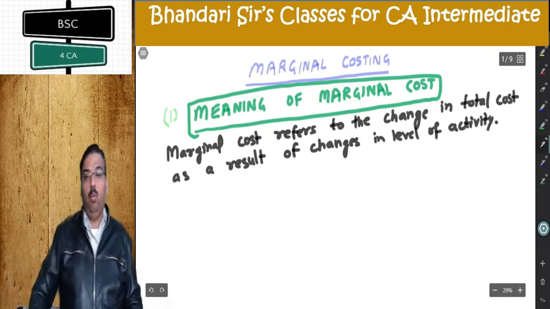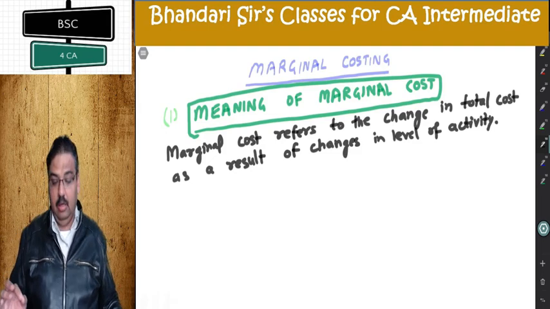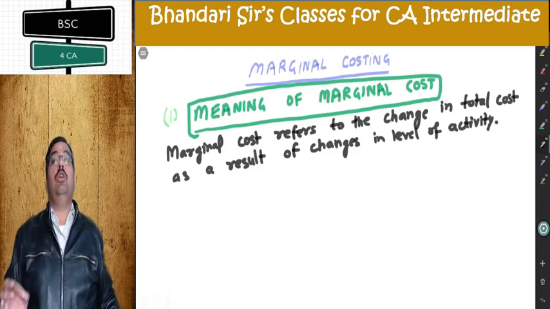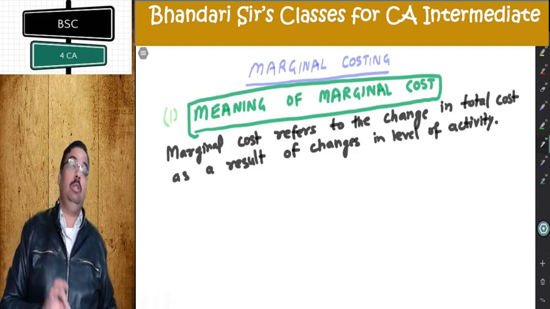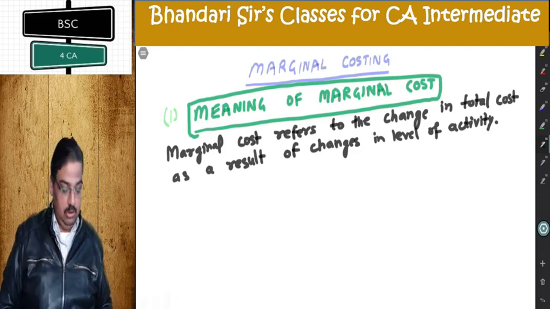Means whatever additional cost you incur for additional units of output, that additional cost is termed as marginal cost.